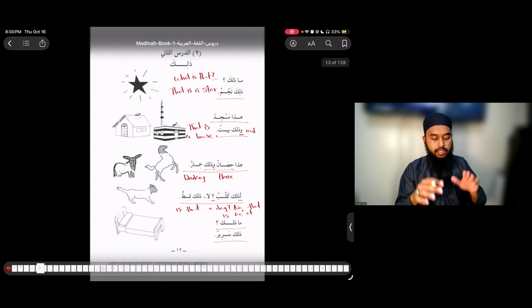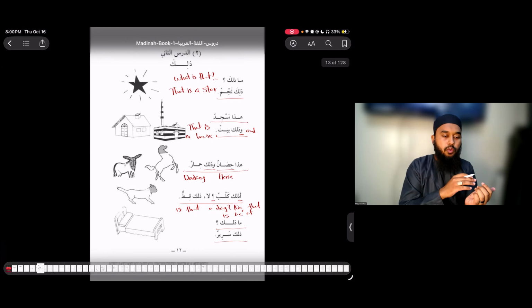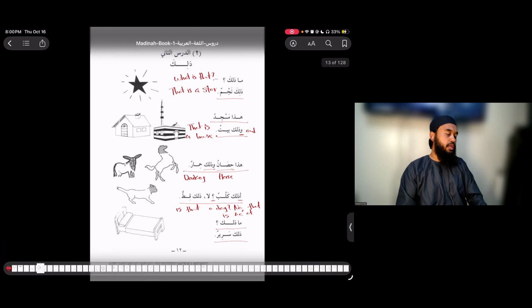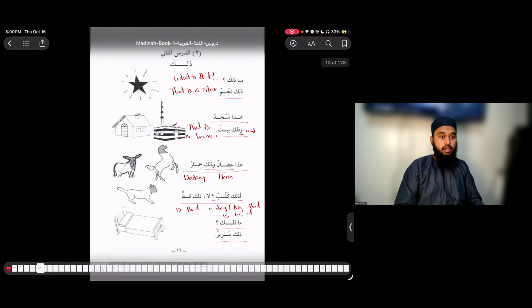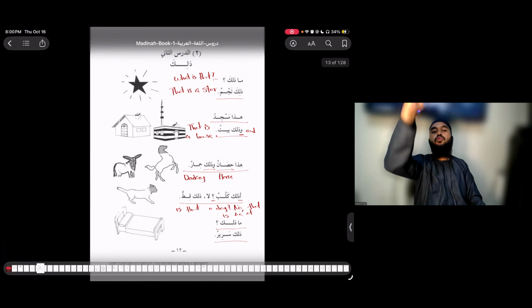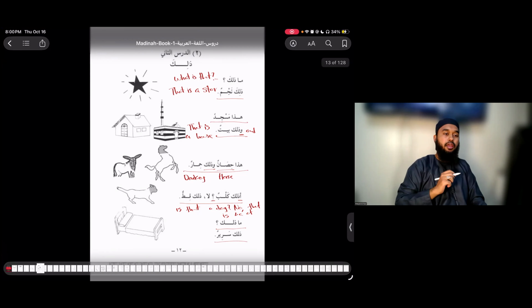Now what you got to do in lesson number 2 is eliminate the word hada and just put the word dhalik. What does dhalik mean, guys? That. So you could do the same exact thing and just add the word dhalik. Ma dhalik, something's far away, you'd be like, what is that? You look far up in the sky and ask your friend, ma dhalik, what is that?